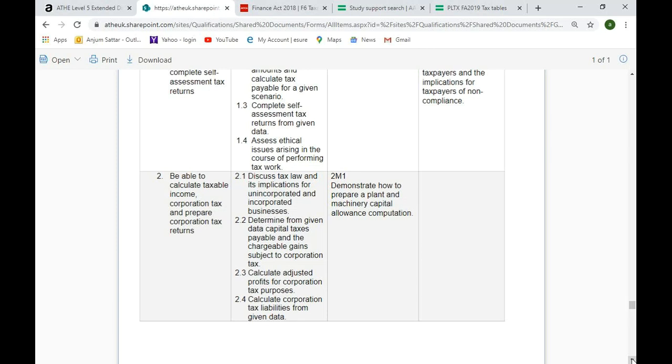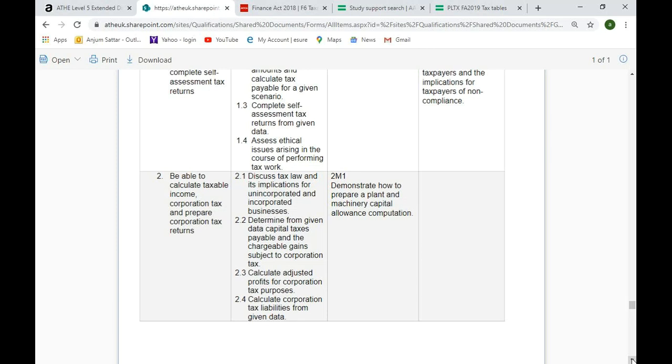What is meant by incorporation? Incorporated business means the company is registered, like public limited or private limited companies, which we call corporations. The others are sole traders and partnerships.